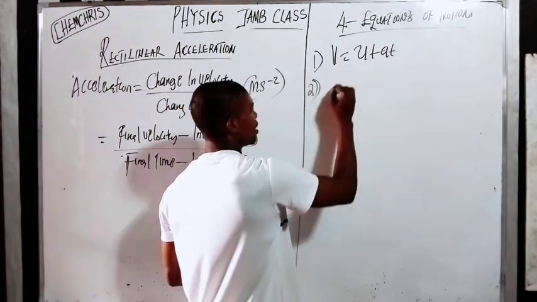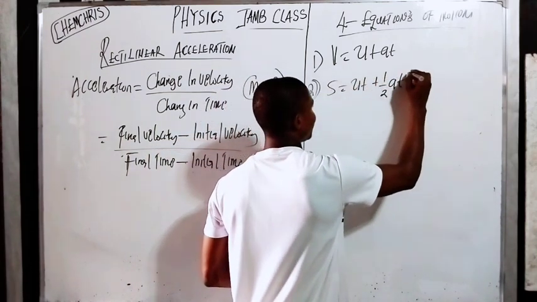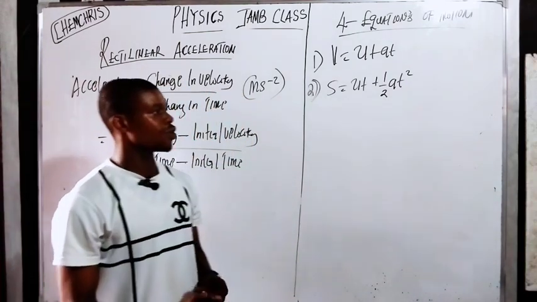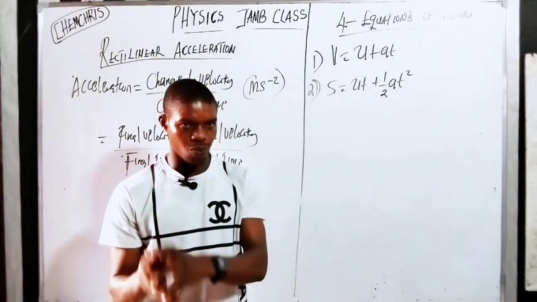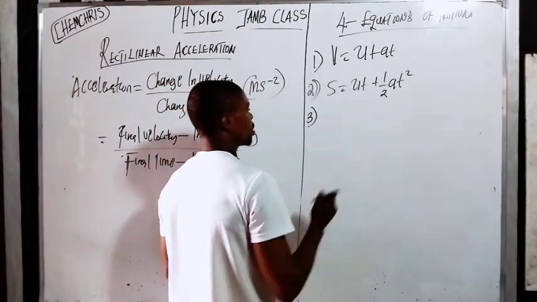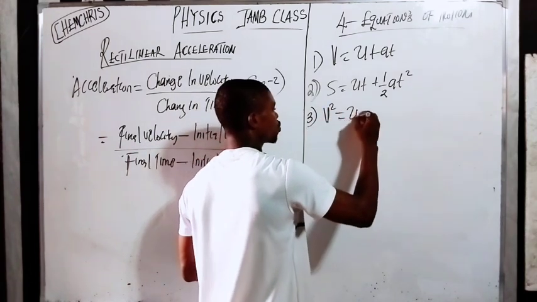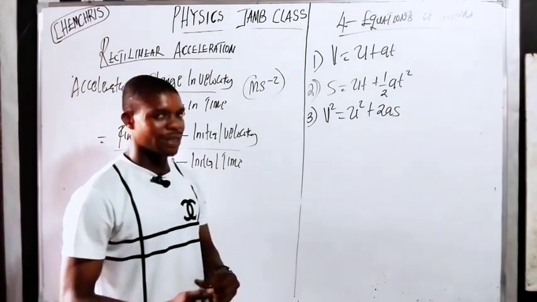Number two, x equals ut plus half at squared. That is the second equation of motion. I'm going to define all these things to you. Number three is v squared equals u squared plus 2ax. Very important equation of motion.